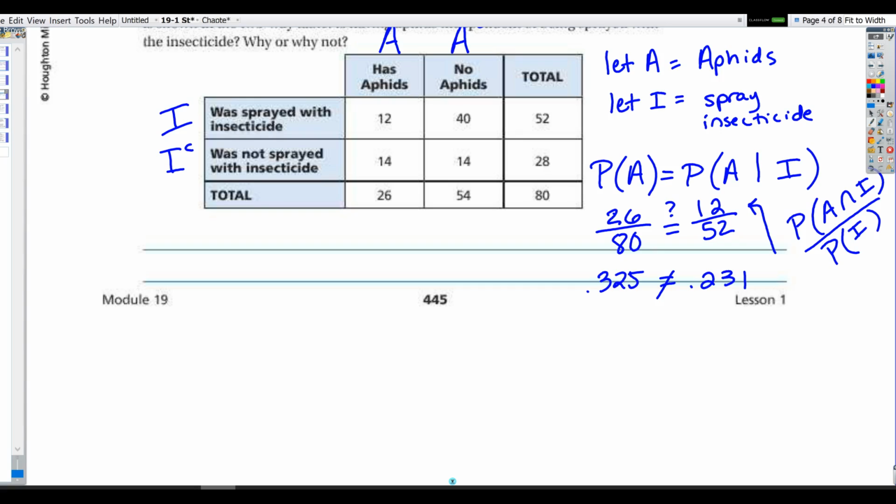Is it significant? Not really. And actually in AP Stats we learn how to test if that really is a big enough difference to be significant. So that's later down the road. So these events are not independent of each other.